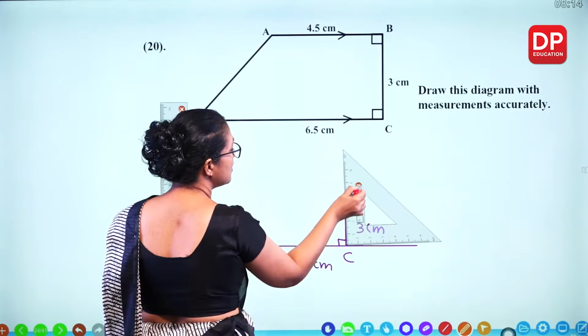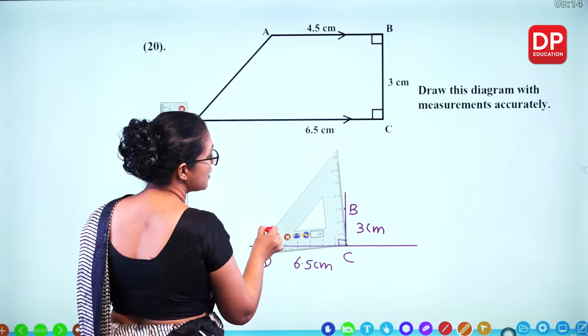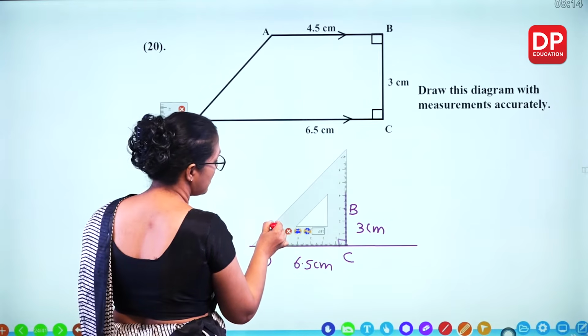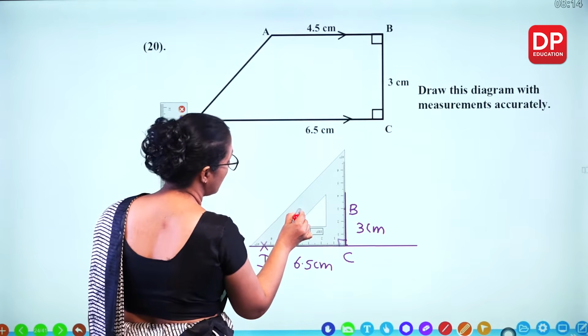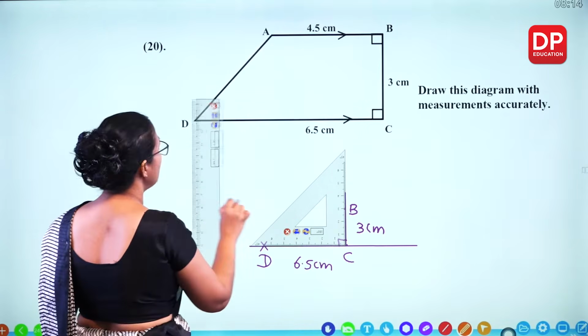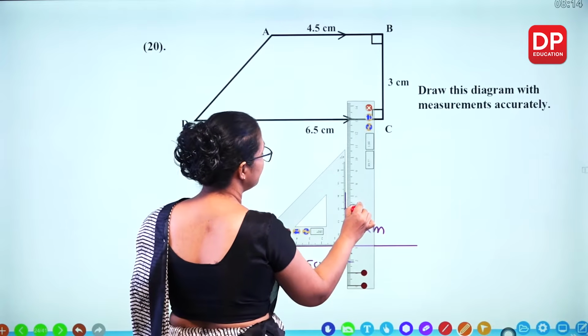So we'll put it like this, and keep the ruler this way.